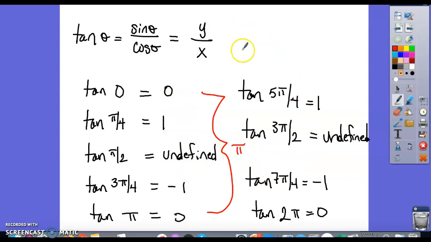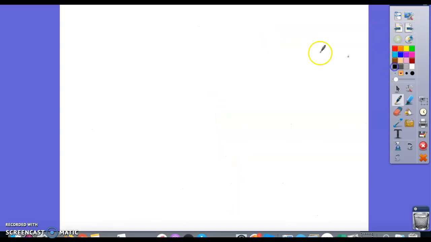So the period of tangent, instead of being 2 pi, is pi. Cotangent is the reciprocal function of tangent, so it has the same period. That is the first difference between tangent and cotangent and the other 4 functions that we have been graphing.